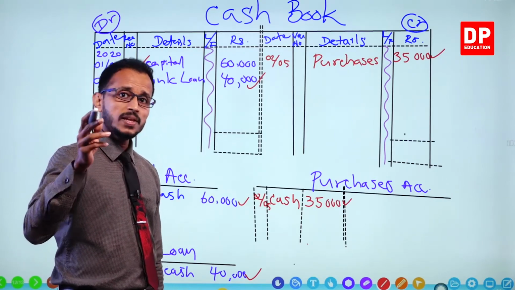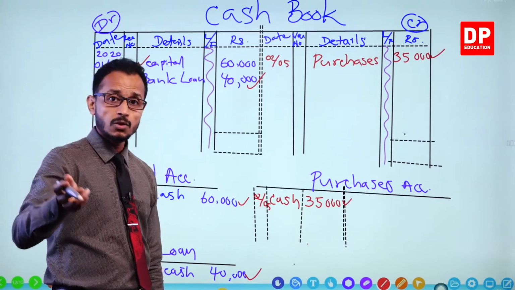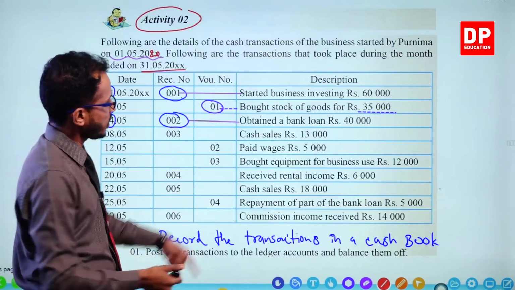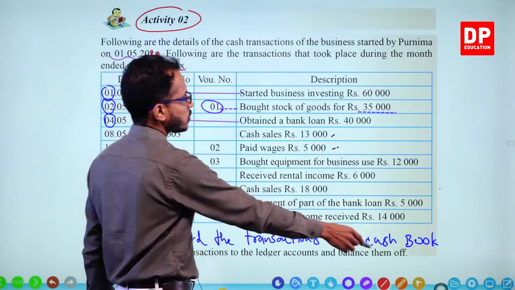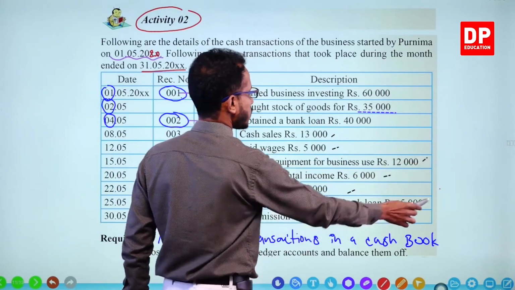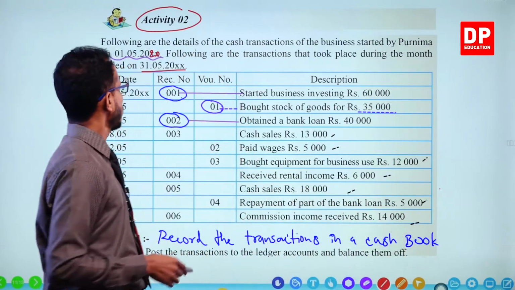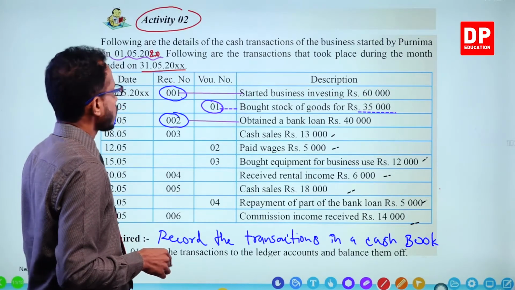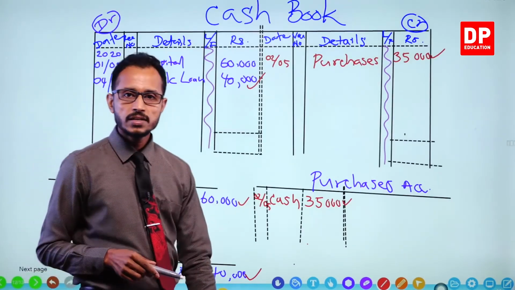You have to complete the exercise, and only after completing all the transactions can you balance. We have 1, 2, 3, 4, 5, 6, 7 more transactions, right?